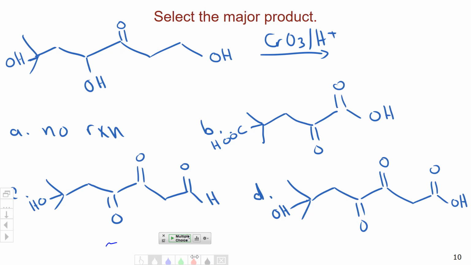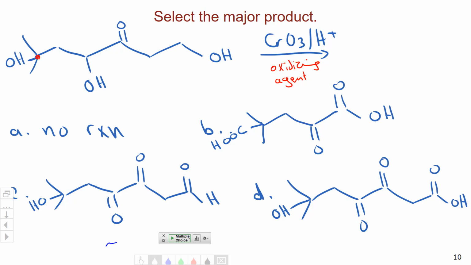In here, this compound has four different groups and functional groups. We have to pay attention to all of them and see which one will be affected or not. We're using chromium trioxide, H+, so this is an oxidizing agent. Usually what an oxidizing agent does is increase oxidation, so if it is a single bond oxygen, it will become a double bond oxygen depending on the case.